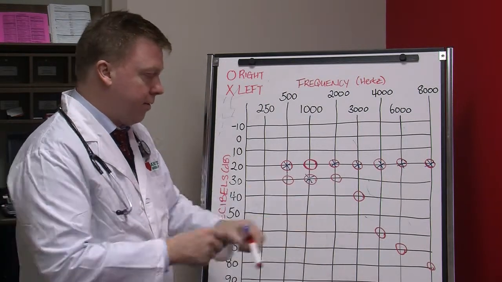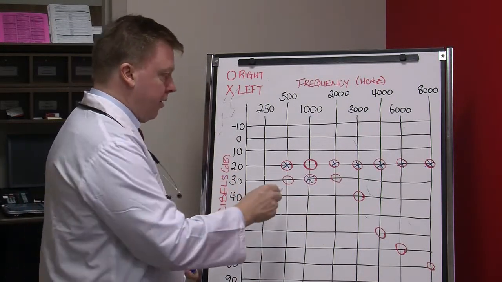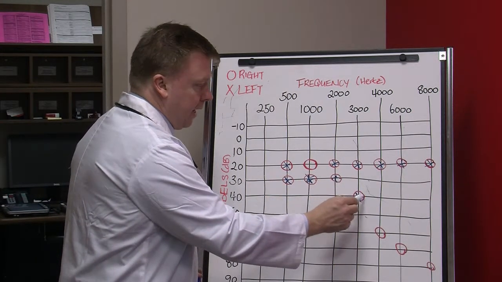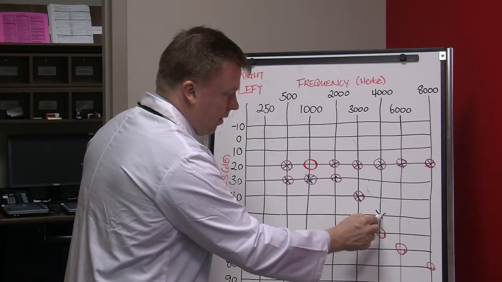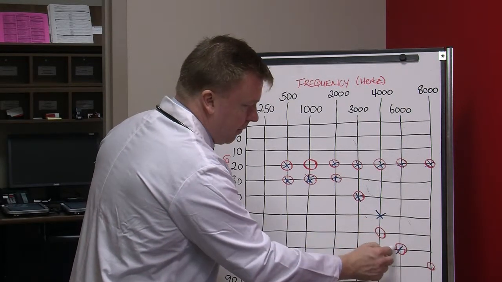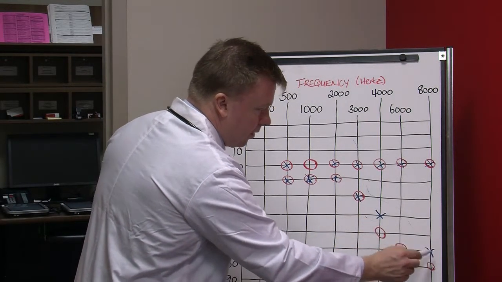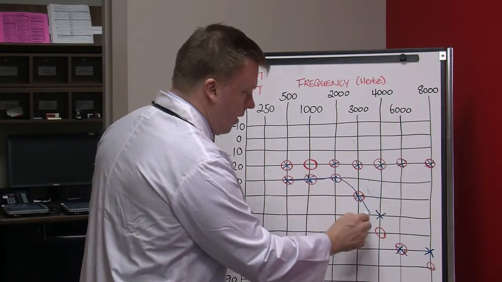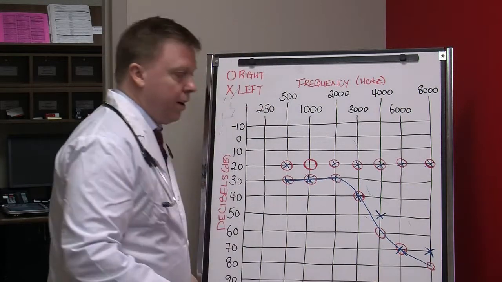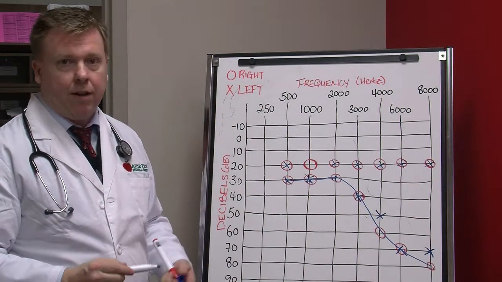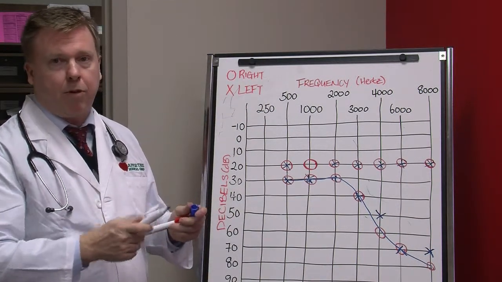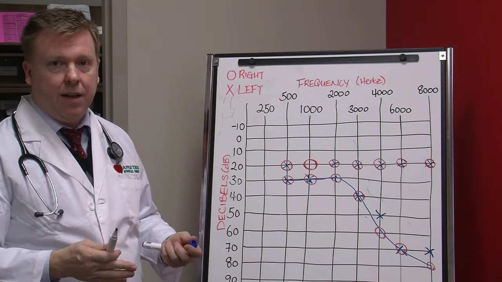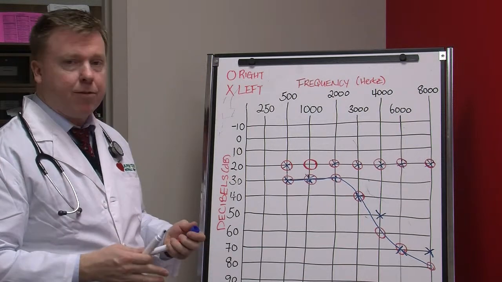This pattern, if it's symmetrical and both ears have a similar pattern, not always identical, but very close, this pattern of noise-induced hearing, the patient should be referred to a hearing instrument specialist who does more advanced testing and has different equipment.